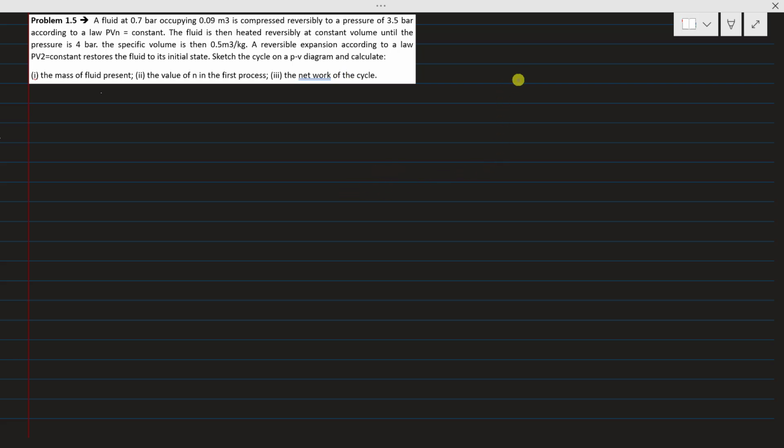So let me draw the PV diagram first so you can clearly understand each step when I am solving the problem. That's why I am focusing on the PV diagram first. So pressure P1 is 0.7 bar, which means 0.7 multiplied by 10 to the power 5 Newton per meter square.